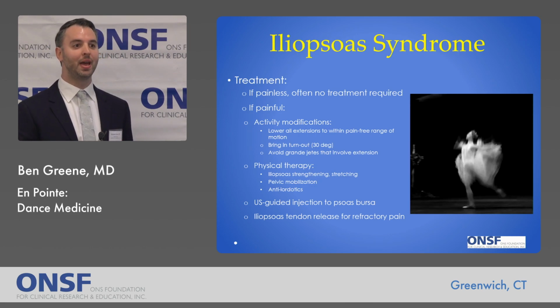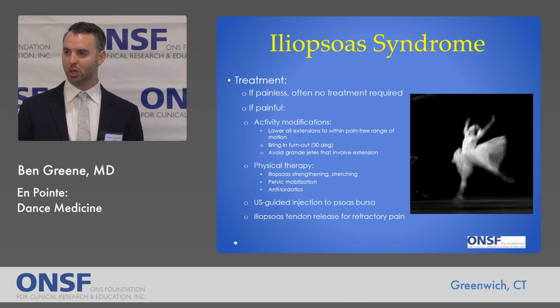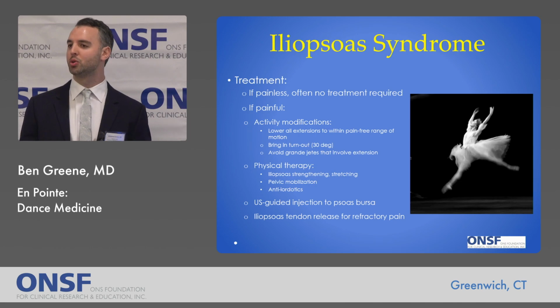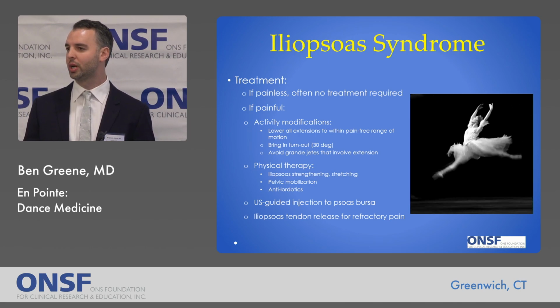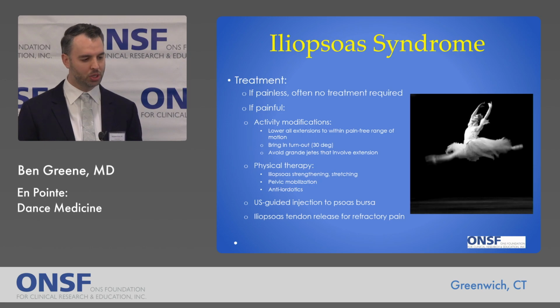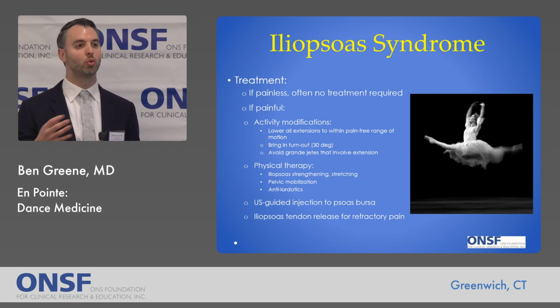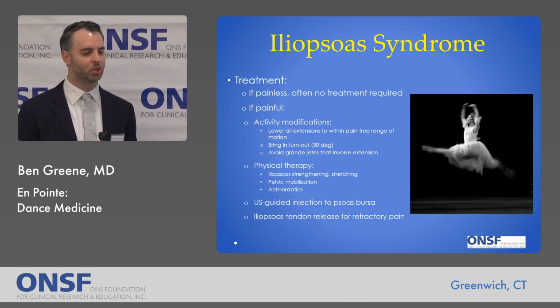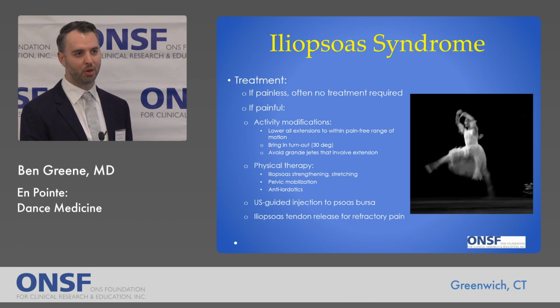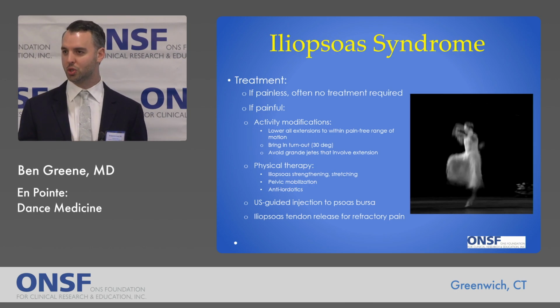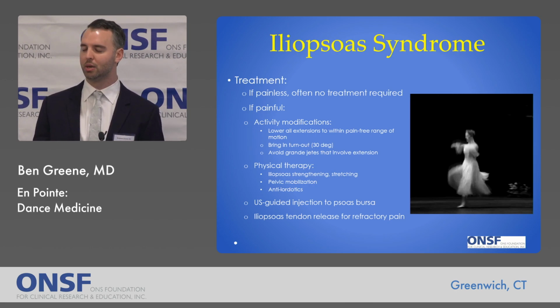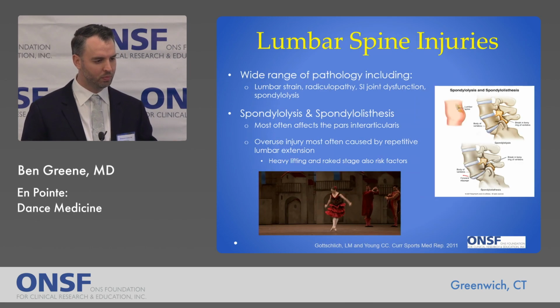For those that fail PT, usually there is an option to try an ultrasound-guided injection, usually targeting the psoas tendon and bursa, and that can alleviate some inflammation locally that might reduce that friction and rubbing that's causing that painful snapping. And then again, if they fail all other non-operative treatment options, then there is a surgical option to release that tendon and reduce the pain that way.